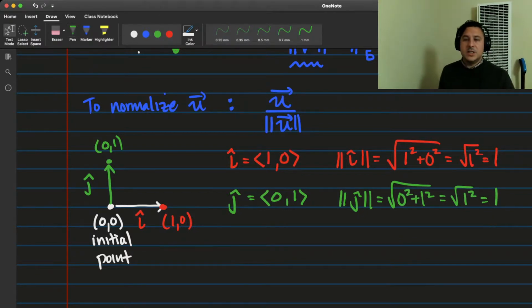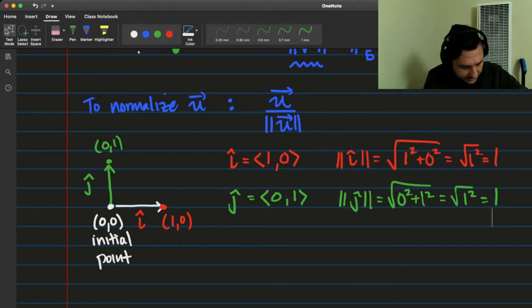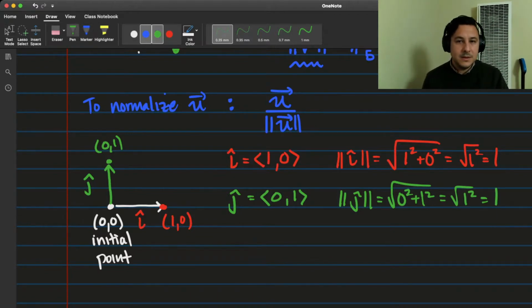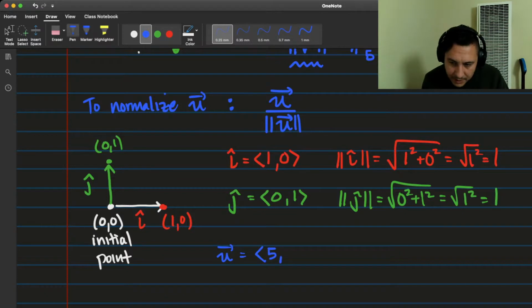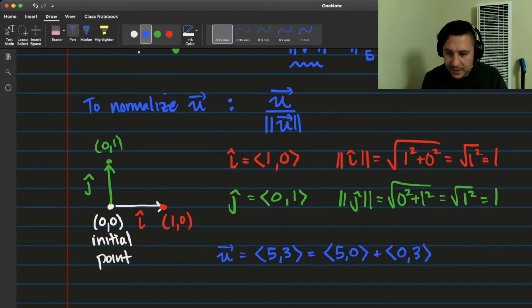And this gives us an interesting way to rewrite components. So as an example, let's say you have some vector u, which is equal to 5, 3. I can split that up into the vector 5, 0 plus 0, 3. Right? If you add 5 and 0, you get 5. If you add 0 and 3, you get 3. And then with the scalar multiple rule, for the first vector, I can factor out a 5.